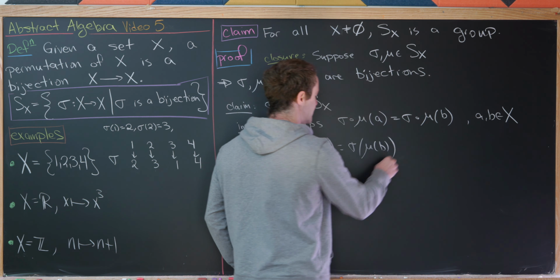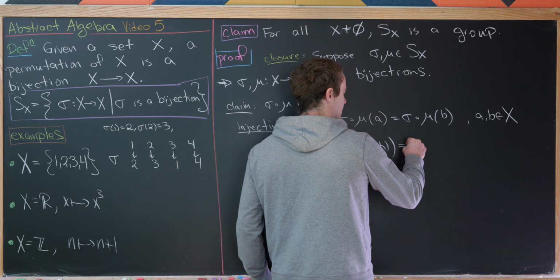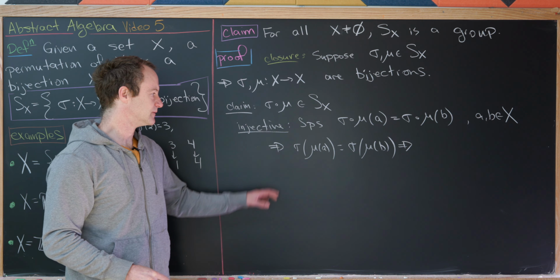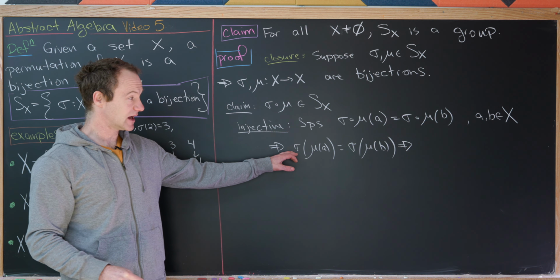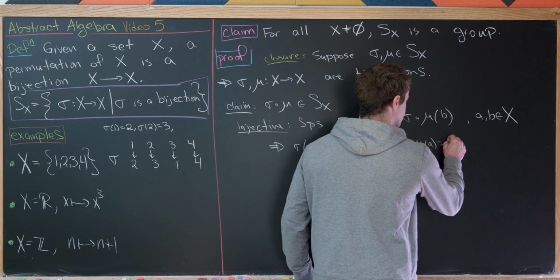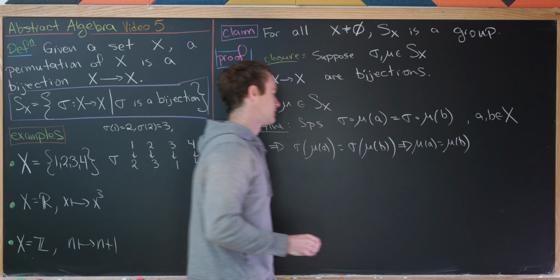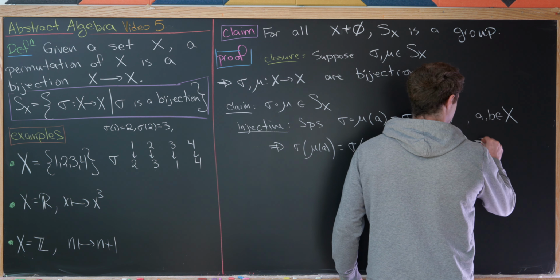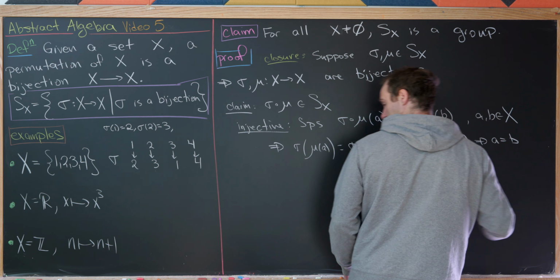That's just the definition of composition of functions. But now we can unravel this one bit at a time using our injectivity. Since sigma is injective, we know that mu of a equals mu of b. But then since mu is injective, this implies that a equals b.